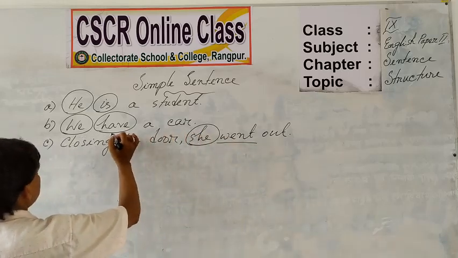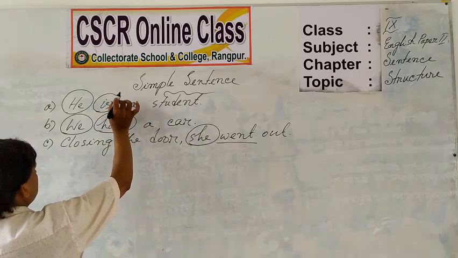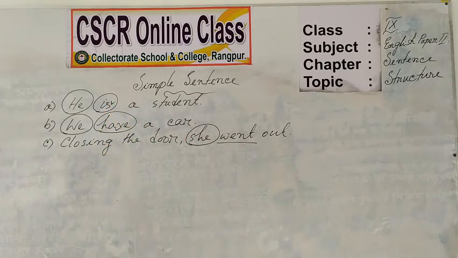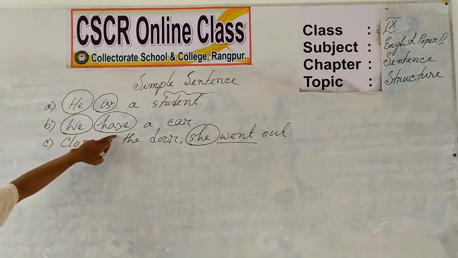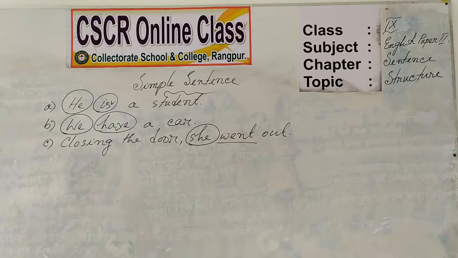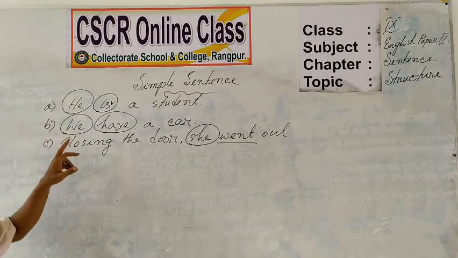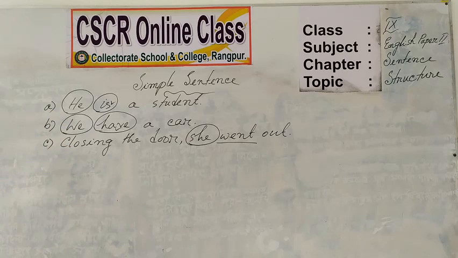And the same is the case with have and is. That means the verbs is, have and went are finite verbs. Dear students, we have found in the sentences only one subject and only one finite verb. These sentences are called simple sentences.